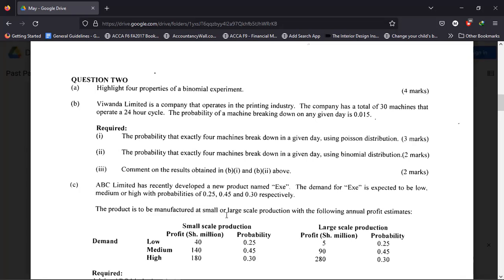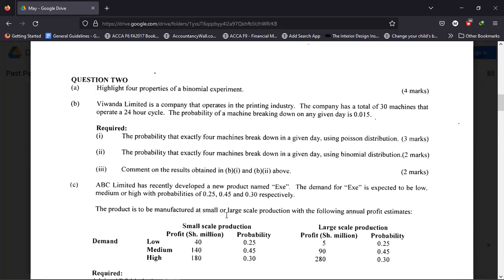Required: one, the probability that exactly 4 machines break down in a given day using Poisson distribution. Two, the probability that exactly 4 machines break down in a given day using binomial distribution. Three, comment on the results obtained in B1 and B2 above.